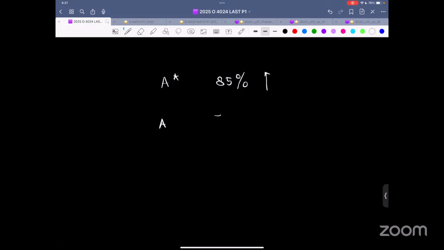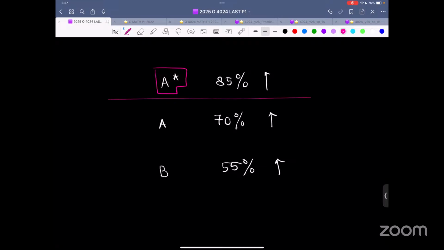A is 70% above and B is like 55% above. So basically, what we are talking about is that for both the papers, this is the average threshold over the years.